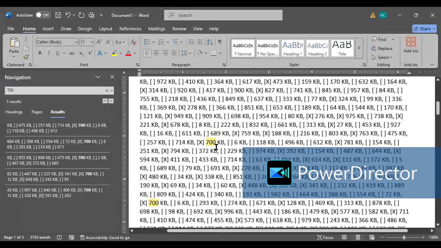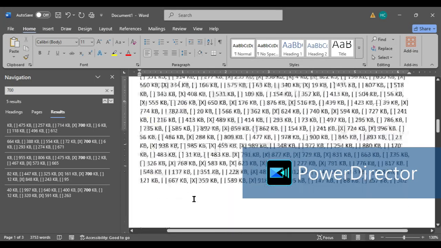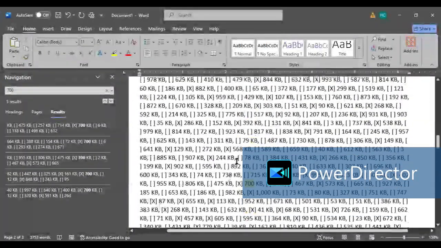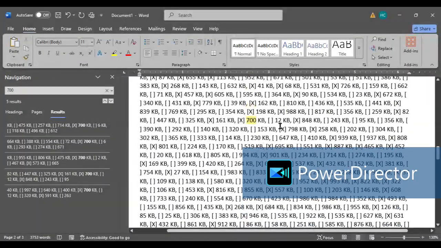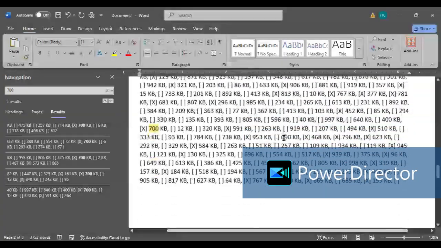Here we have 6 kilobytes, 6 kilobytes, 2 kilobytes, 12 kilobytes, and another 12 kilobytes.